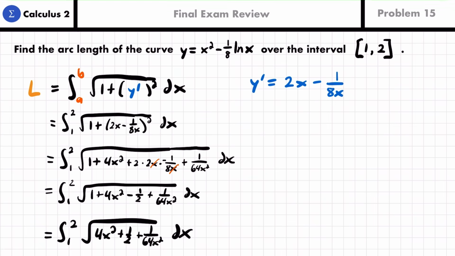However, this expression underneath the square root can be factored. We can factor this into being a quantity squared. In fact, we can make use of some of our previous work to help us figure out what those factors would be. And what I mean by that is that these three terms right here, 4x squared minus 1/2 plus 1 divided by 64x squared, these three terms were the result of expanding this quantity squared, and the only difference between these three terms and the three terms we have now is this was negative 1/2 and this is positive 1/2.